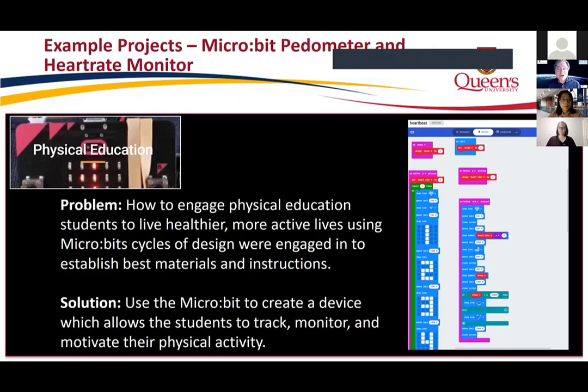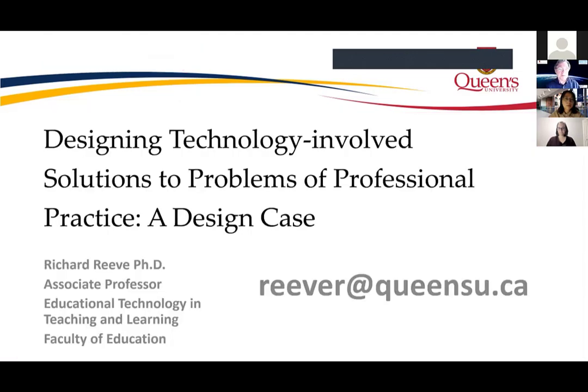And so what they created was a heart rate monitor that actually was also a pedometer, and they coded that. And so you can put batteries on them and carry them around with you. But it was really this idea of making something that would help kids live healthier lives, which is this bigger problem than just let's make a pedometer. And that kind of engaging in that designerly work where you actually think and spend time on the problem as opposed to just coming up with solutions, I think is really what this work jumps forward on.